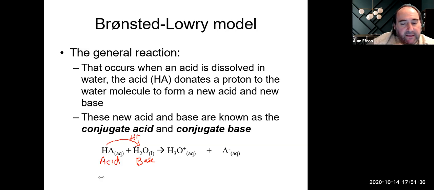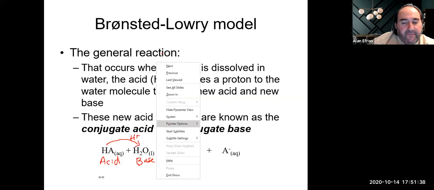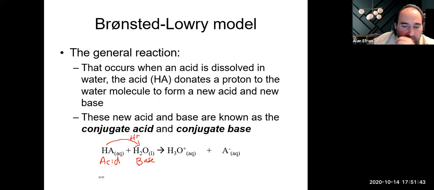And part of the consequence of the Bronsted-Lowry definition is when this occurs, we actually get partners on the other side of the reaction. So the acid on this side is related to our A minus on the other side of the reaction. And if this is the acid, our A minus over here is what's considered the conjugate base.